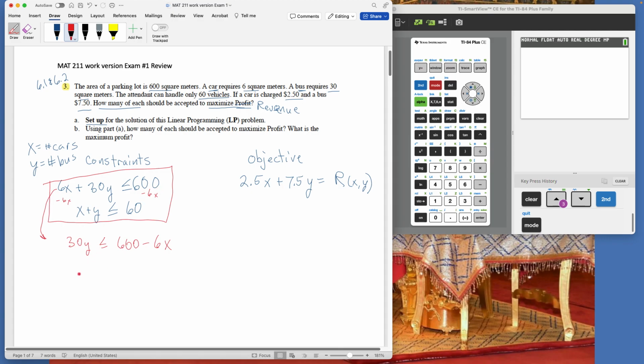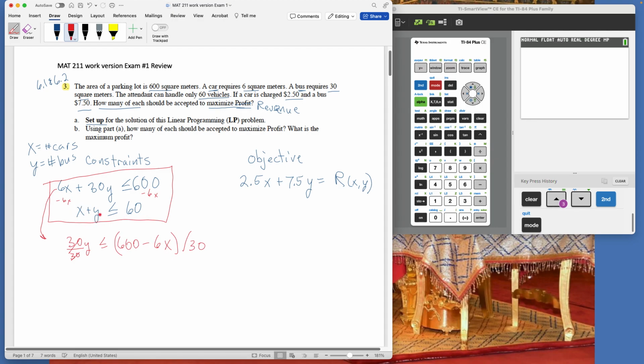We need the y by itself to be able to graph it on a TI-84 calculator. If your calculator works differently, so we're going to divide everything by 30. And just because the calculator can handle all of this, we're going to divide this by 30. So we get y is less than this. This is what we will put into the calculator.